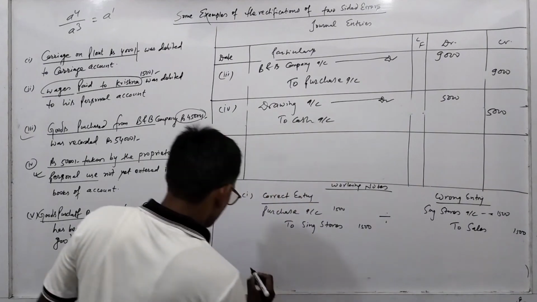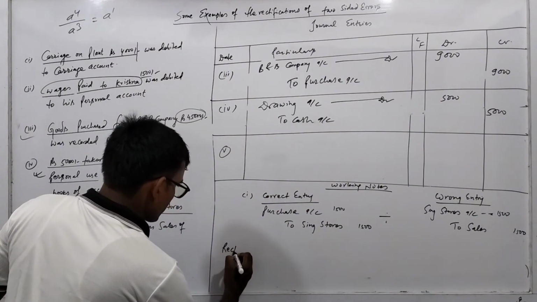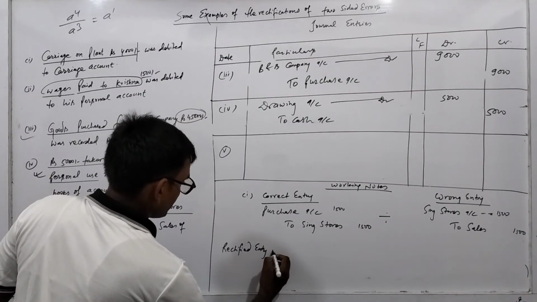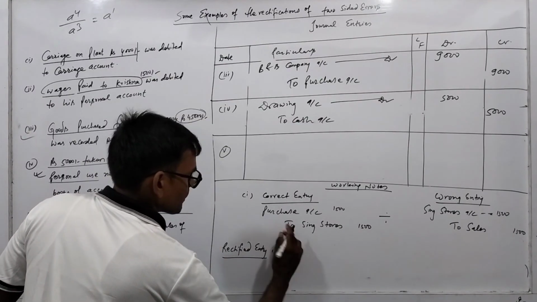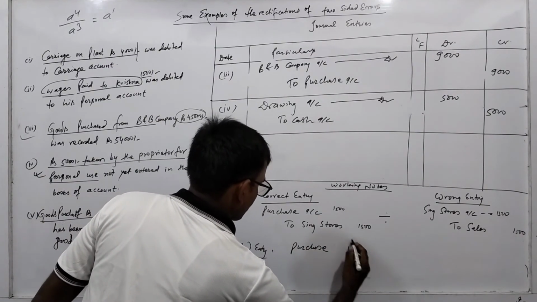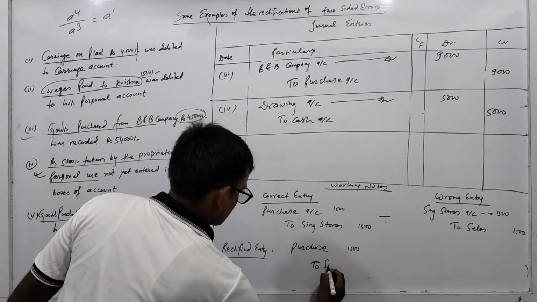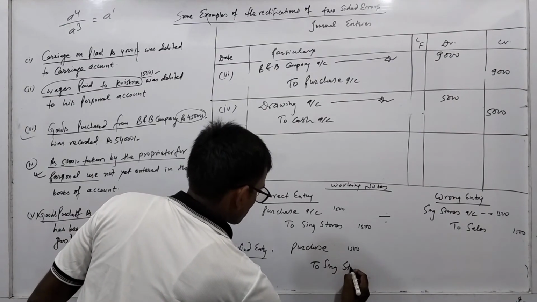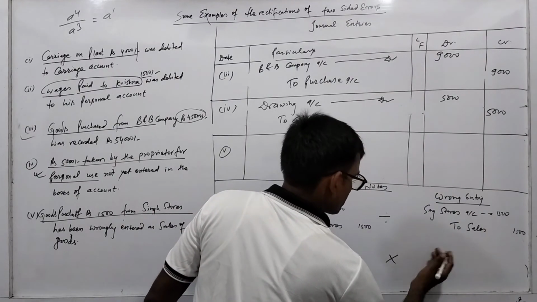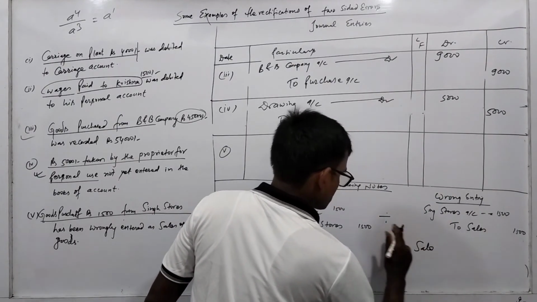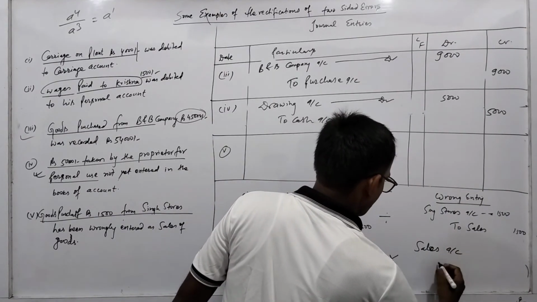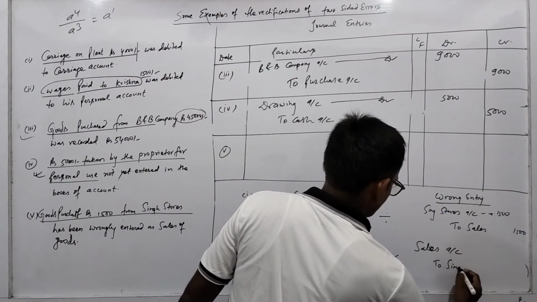So the rectified entry will be like this: purchase account debit to Singh Stores, into that sales will be sent off, because divide will be changed into multiply, so sales account debit to Singh Stores.